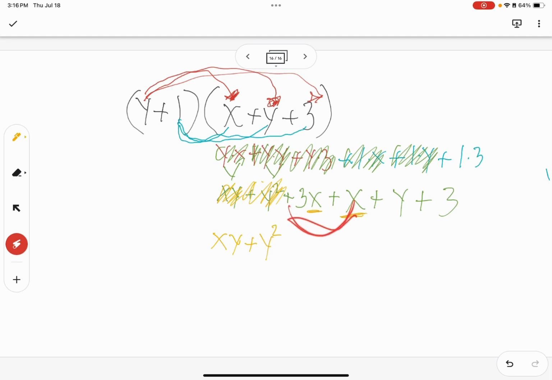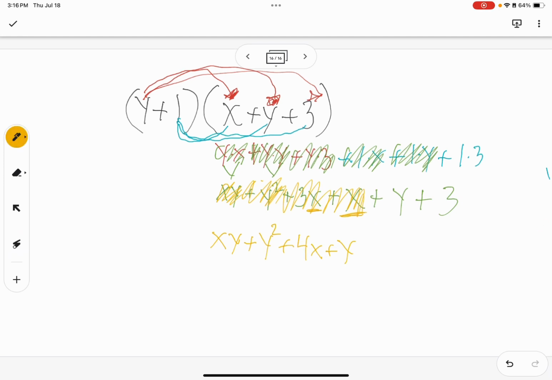So we've got 3x plus x equals 4x. And since it's a positive 4x, that's going to make that a plus sign. So we go ahead and cross out that. Next, we've got y. Any other terms with a y in it? Nope. So it's a y, and since it's a positive y, we've got positive y.